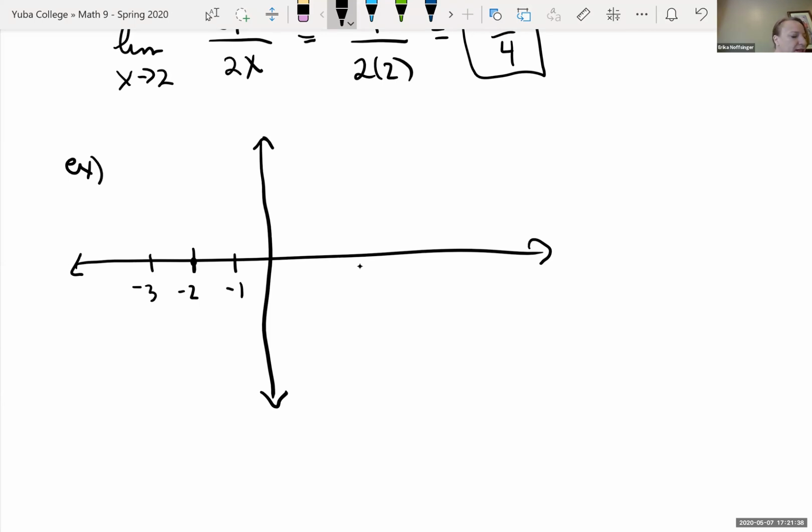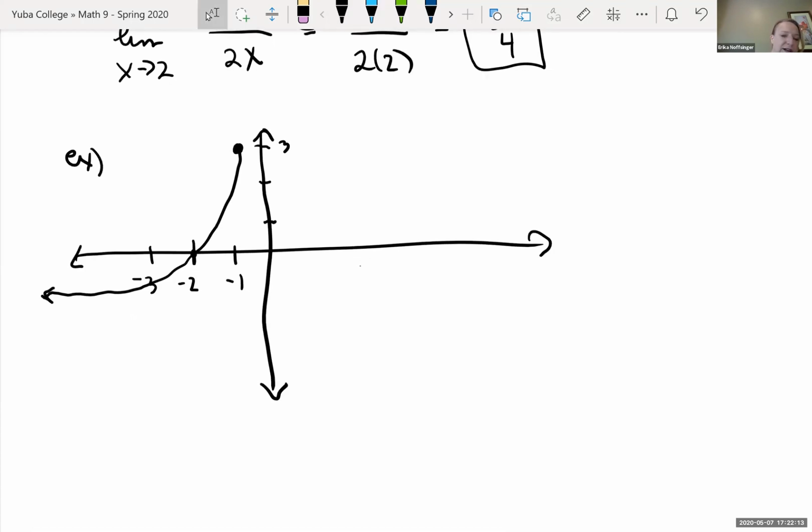And then we have a point that is -1, 3. That's a solid circle, and it kind of looks like this shape. Oops. So we have an open circle at -1, 0. Sorry, not -1, 0. -1, 1.